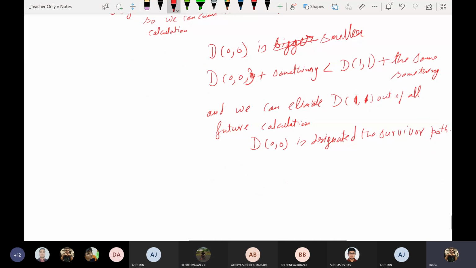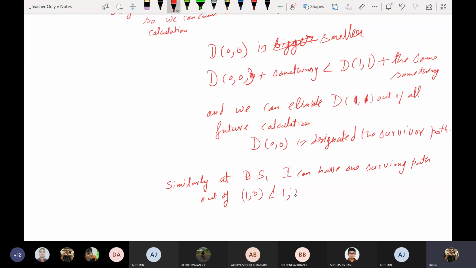Similarly, at S1, I can have one surviving path out of 10 and 11. Say I choose 10.